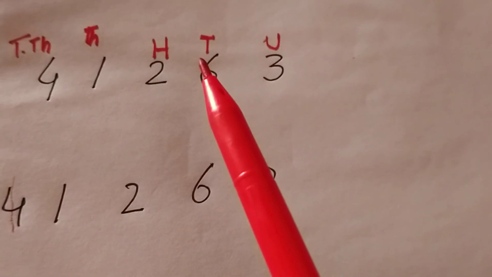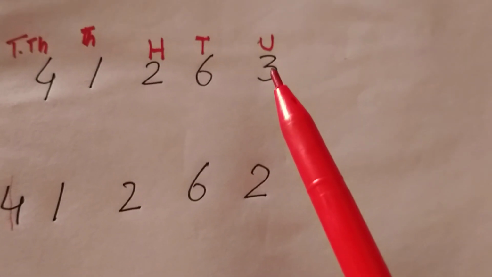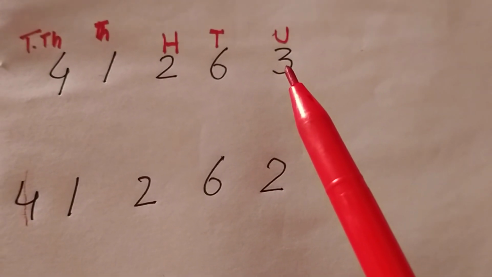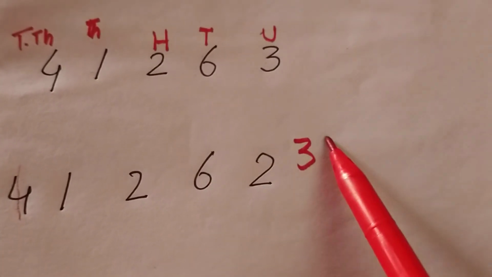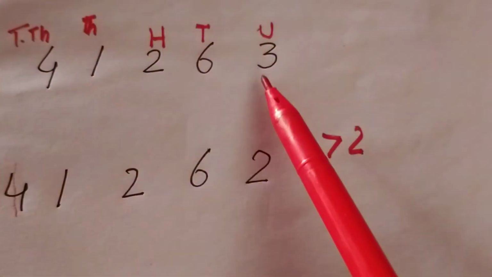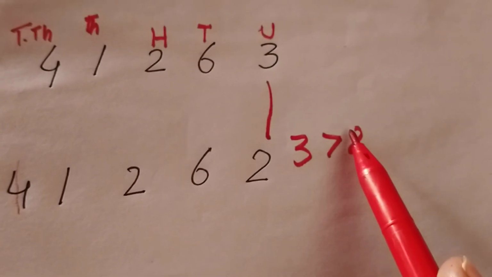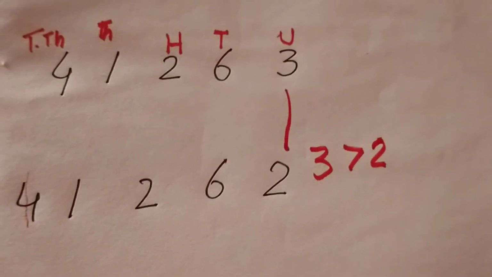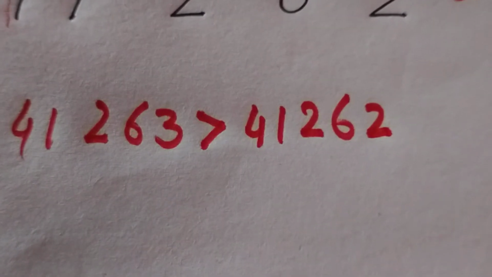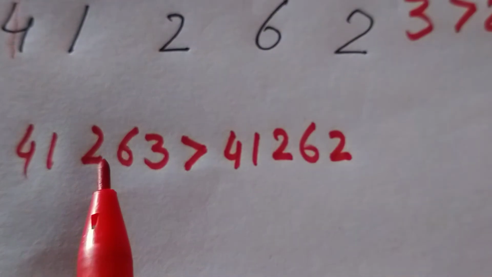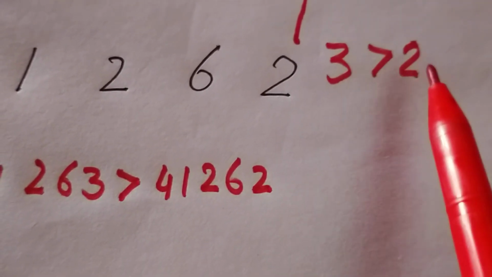The value in the tens place is the same, but in the unit place 3 is greater than 2. Now we write 41263 and 41262. In the unit place, 3 is greater than 2.